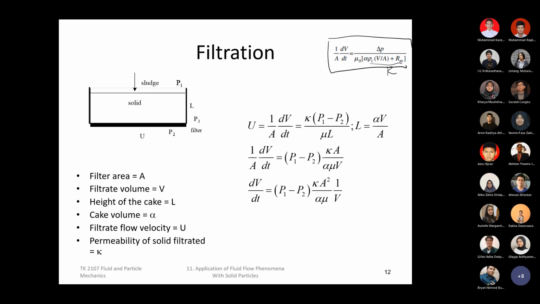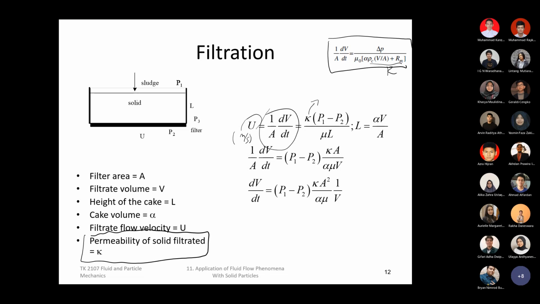To simplify those two different applications, now we can try to substitute those into more measured and empirical parameters. Again, this is still the same equation. It must be meter per second. That's U, that's 1 per A dV dt. And see this kappa, which is the permeability of the solid filtrated.